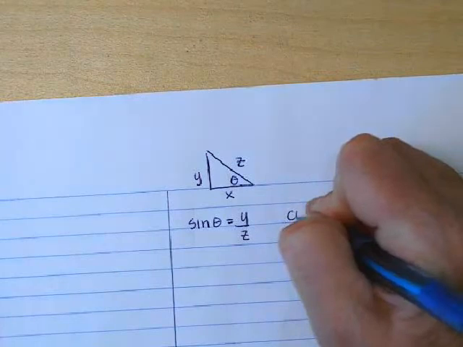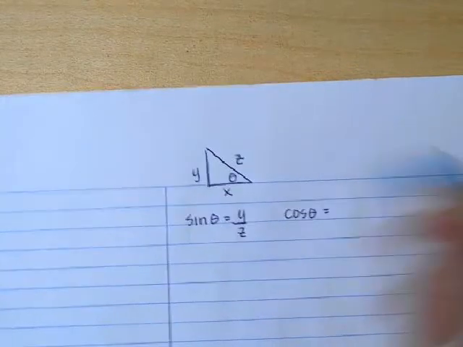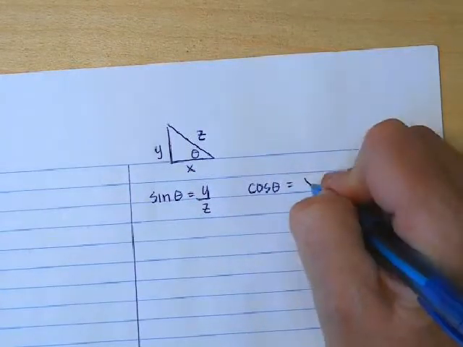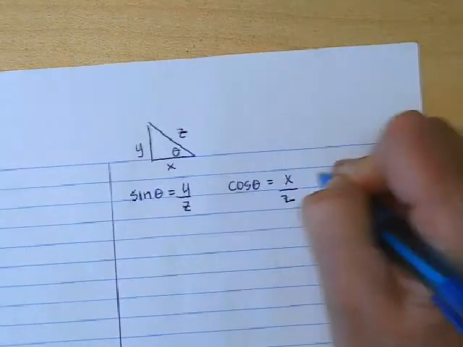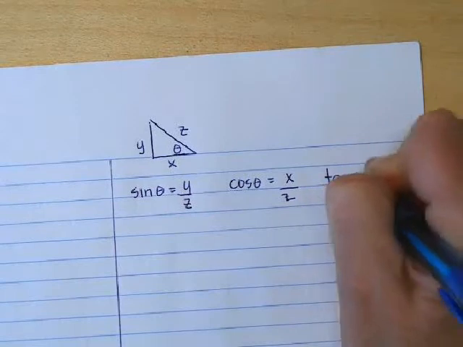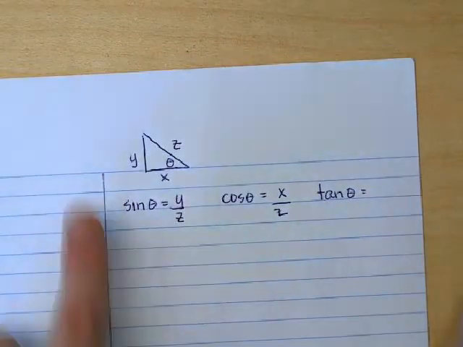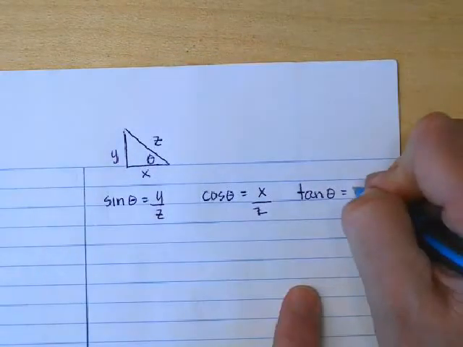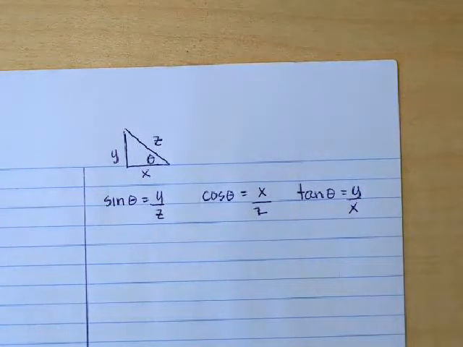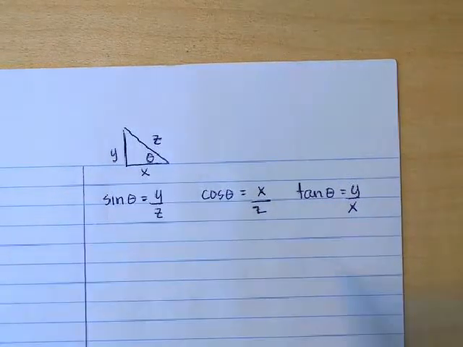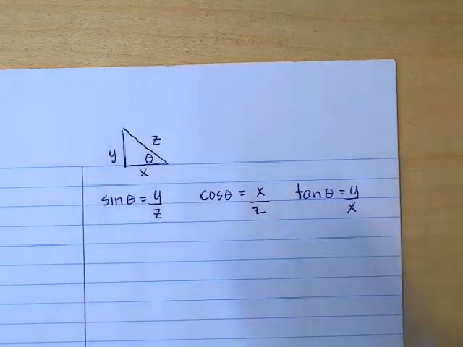I could say the cosine of theta is the adjacent over the hypotenuse. I could say that the tangent of theta is opposite over adjacent. So all of those would work. They're good to keep in mind just in case something changed on this type of problem.